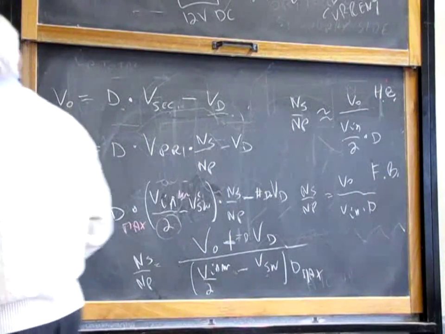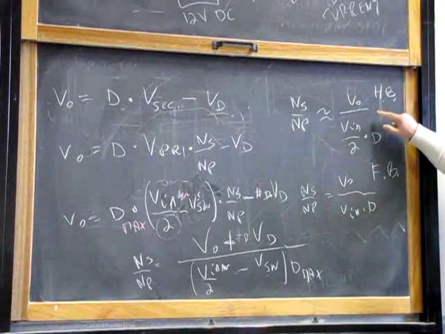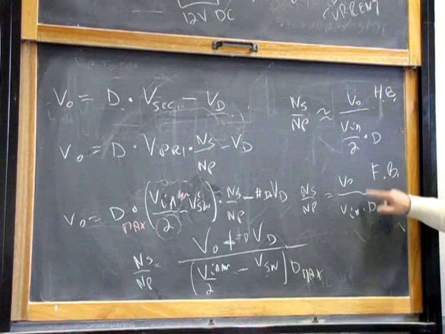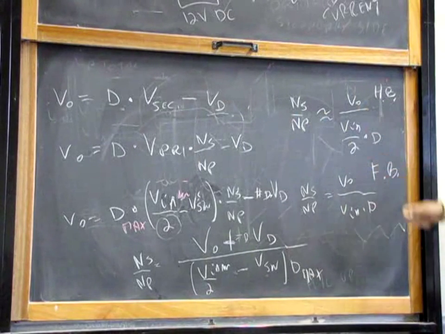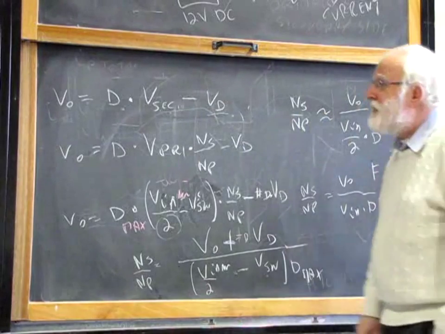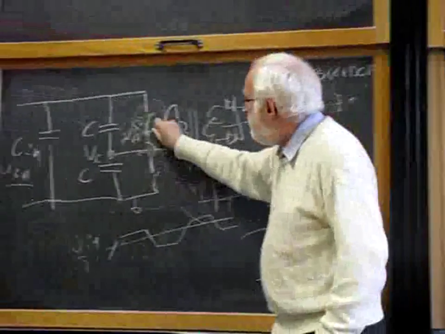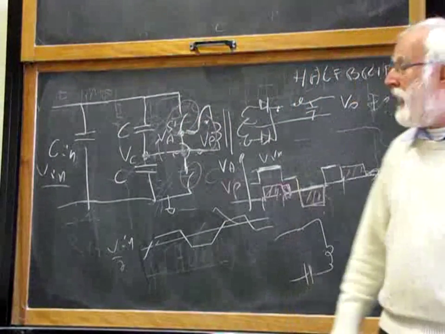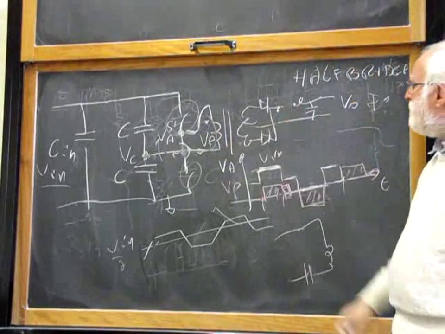In a half bridge, NS over NP is twice as much as in a full bridge, with the same input and output voltage. It means that if you have a given output current, Io, the input current through the primary in a half bridge will be twice as much as in a full bridge.